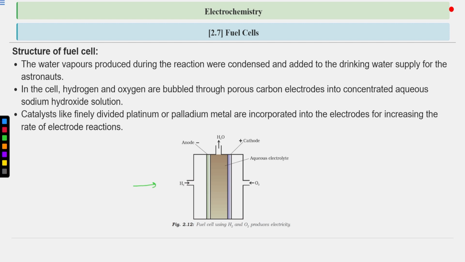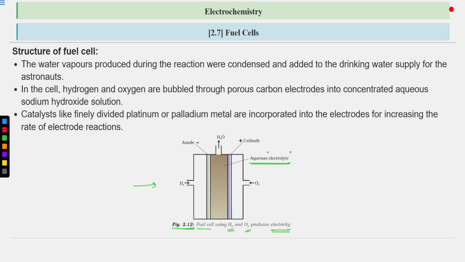This is figure 2.12 in our NCERT textbook, which is the representation of a fuel cell using hydrogen and oxygen to produce electricity. You can see we have this brown space which is the aqueous electrolyte.